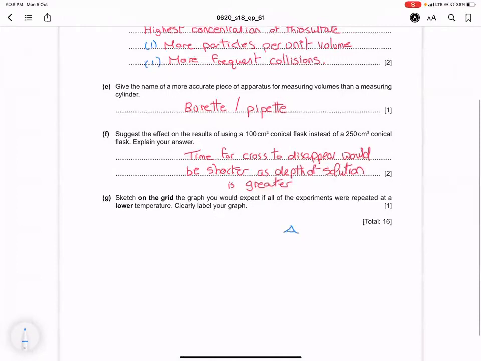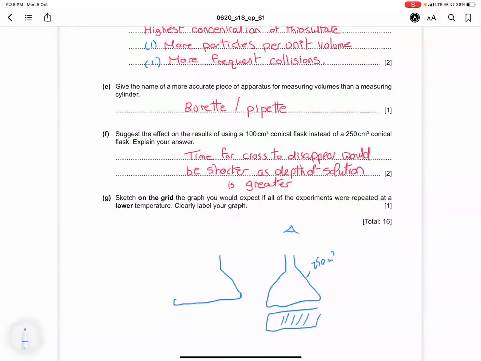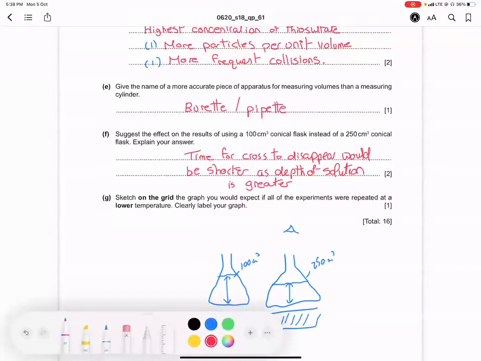In this experiment, we are recording the time needed for the printed sheet to disappear from below the conical flask. If this is a 250 centimeter cubed flask, and we repeated the same experiment using a 100 centimeter cubed conical flask, which of course has a smaller surface area, the solution in the 250 centimeter cubed flask will have a shorter depth. It will not be as deep as in the 100 centimeter cubed conical flask. The greater the depth of the solution, the smaller its surface area, and therefore sulfur will build up faster here.